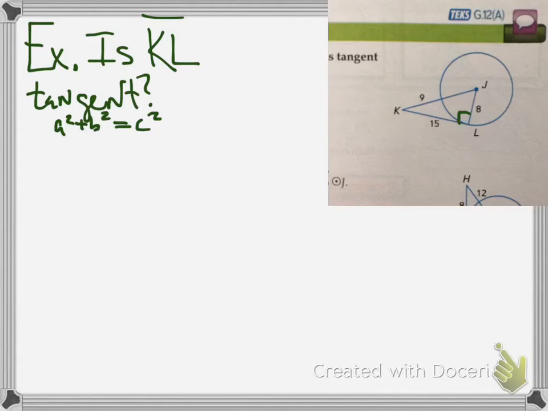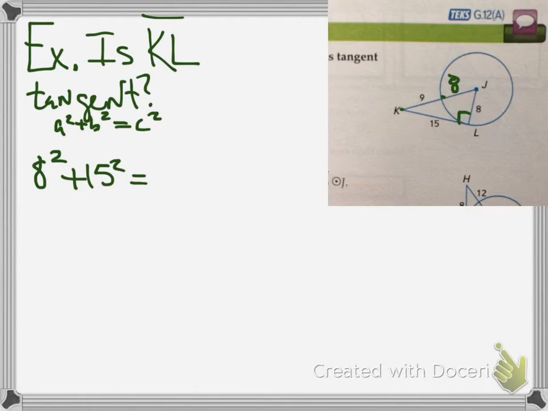But, again, be careful. I give you 8 squared. A squared is 8. B squared is going to be 15 squared. C is not going to be 9. Oh, you're being tricky, sir. Okay, keep in mind, 9 is from here to here.